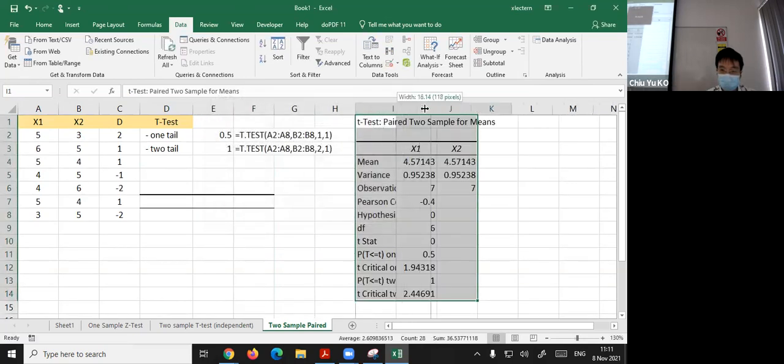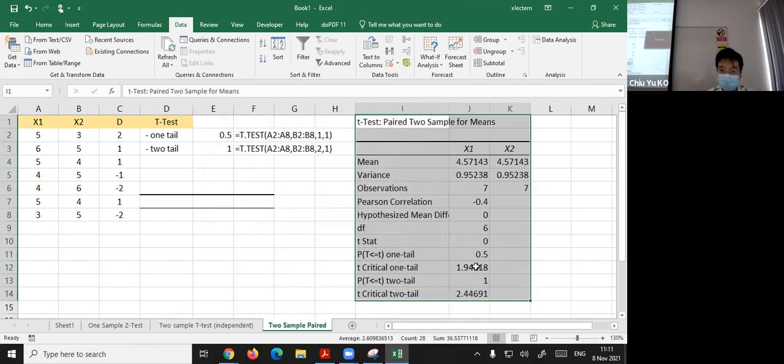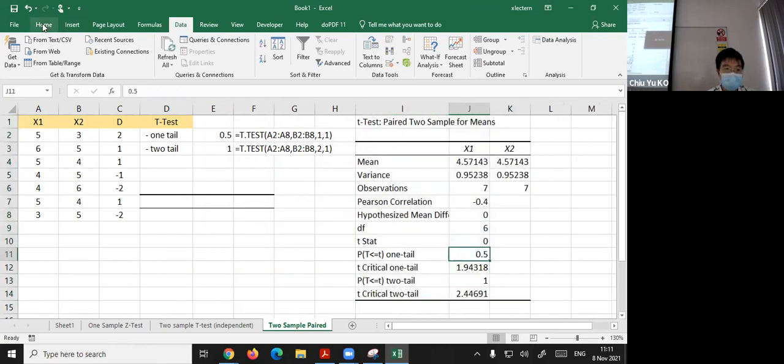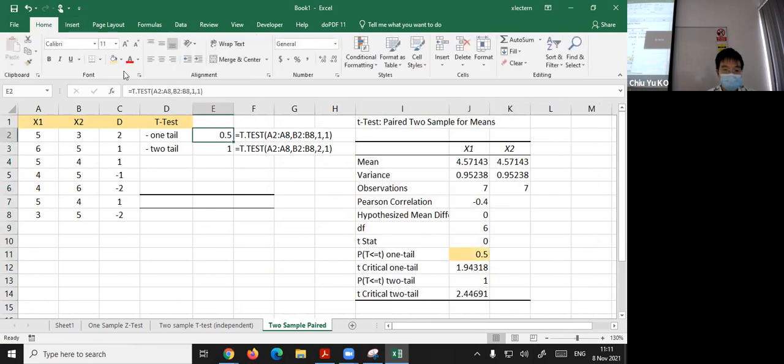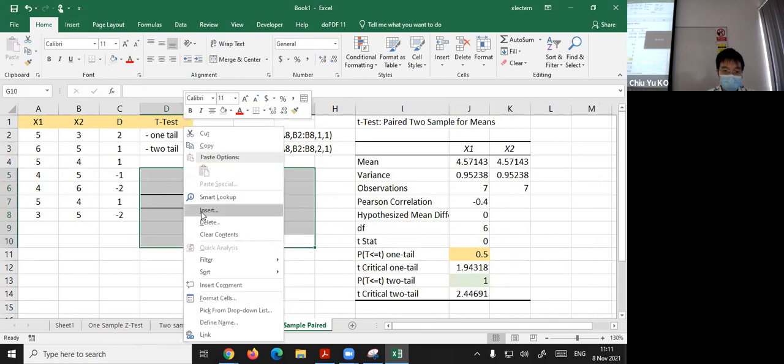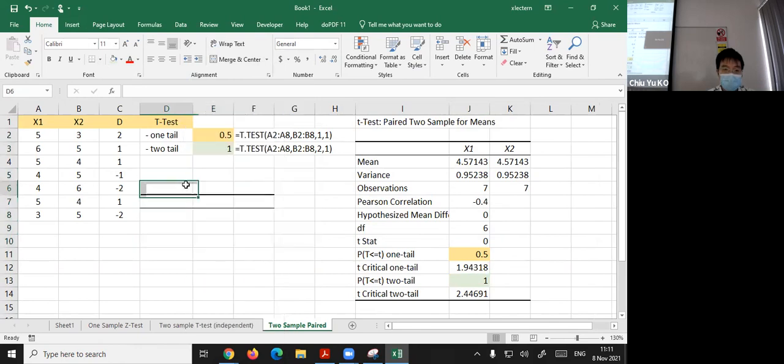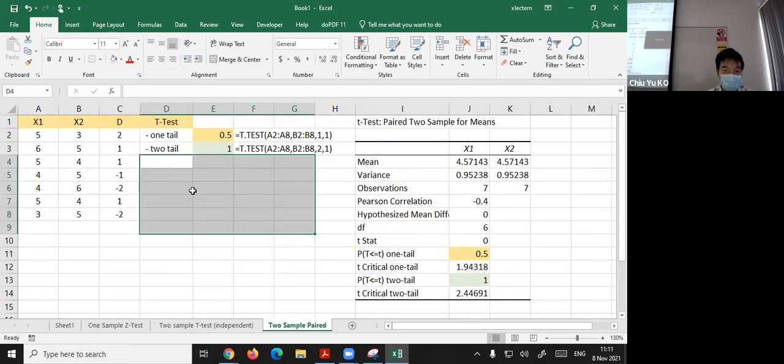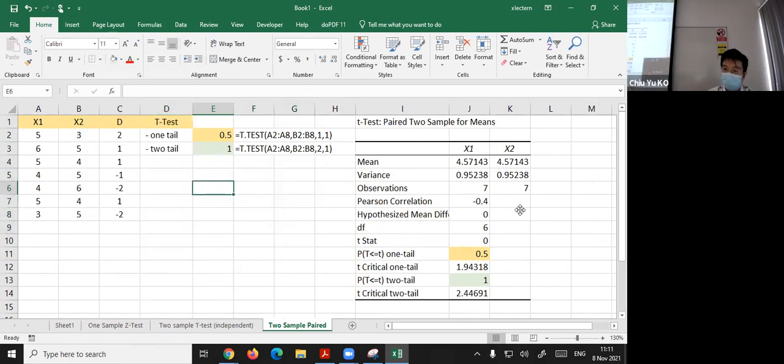So in this case, you can see the answer is here, the same thing. Everything here you should know.